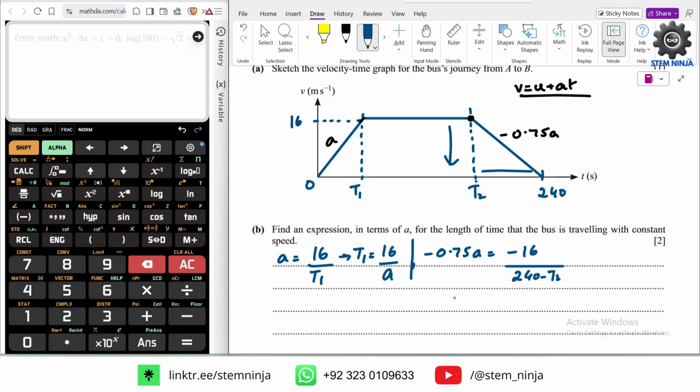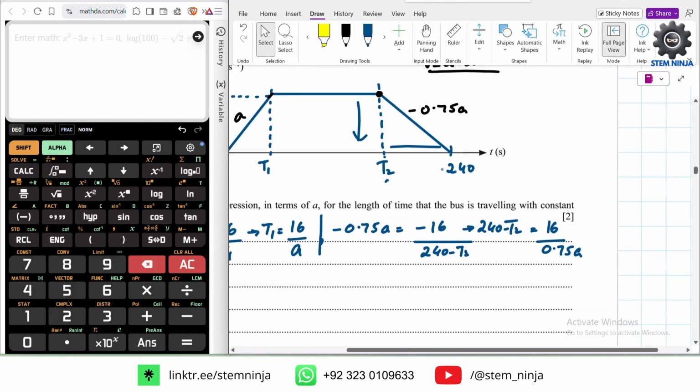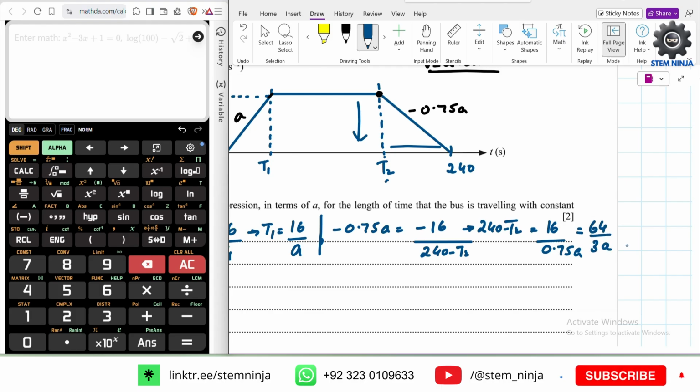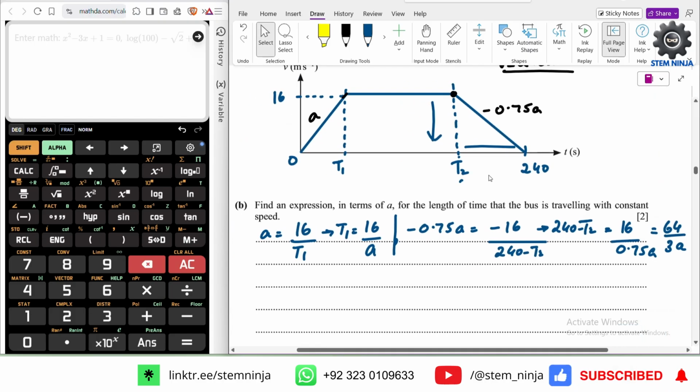We don't need the actual value at the moment, we just need to know the time duration. So the A's get cancelled, you get 240 minus T2 equals 16 over 0.75A, which can be rewritten, since 0.75 is 3 over 4, as 64 over 3A. Now this is 240 minus T2.